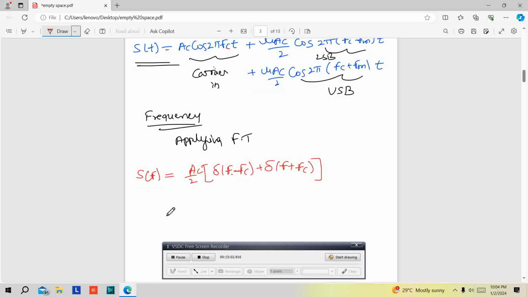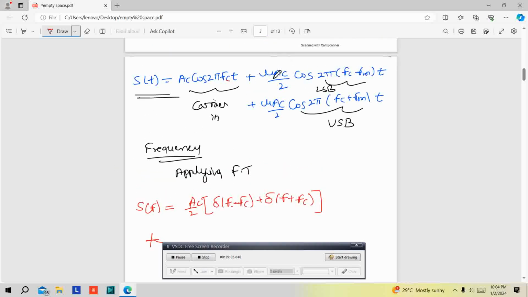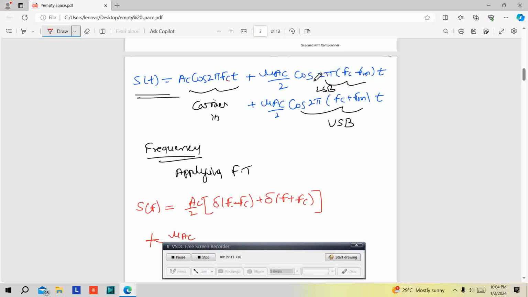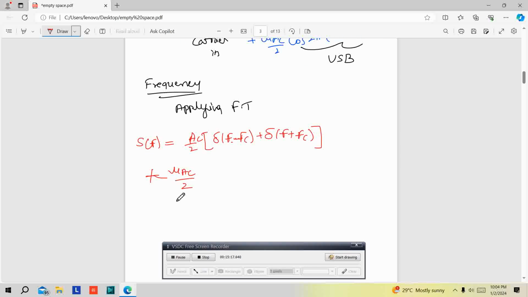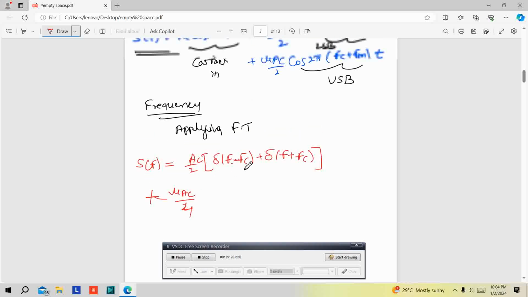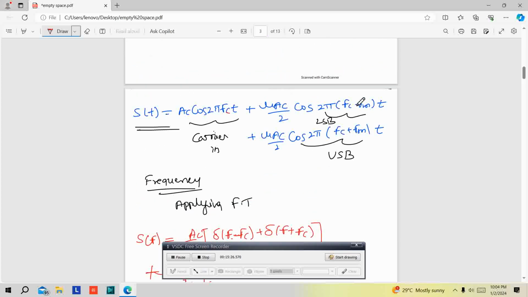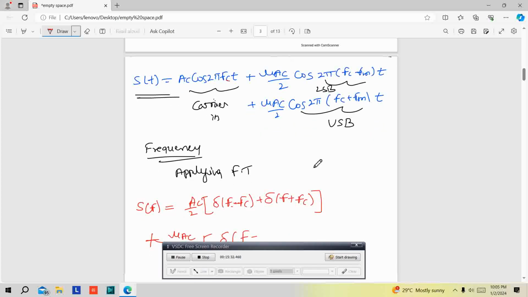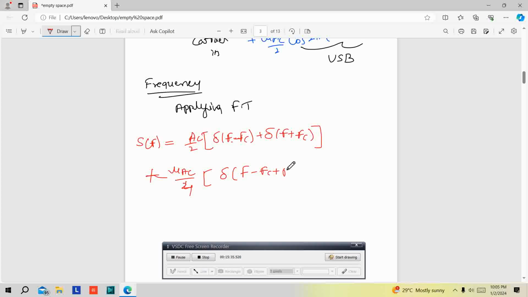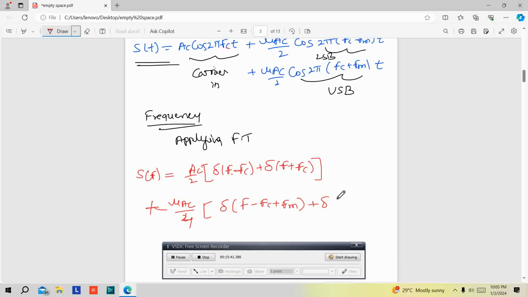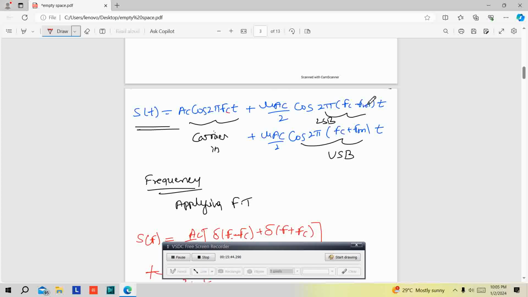Then similarly, calculate the Fourier transform of the second term. Mu AC by 2 keep as it is. The Fourier transform of cos 2 pi fct is 1 by 2, so it becomes mu AC by 4 into del of f minus (fc minus fm) plus del of f plus (fc minus fm).